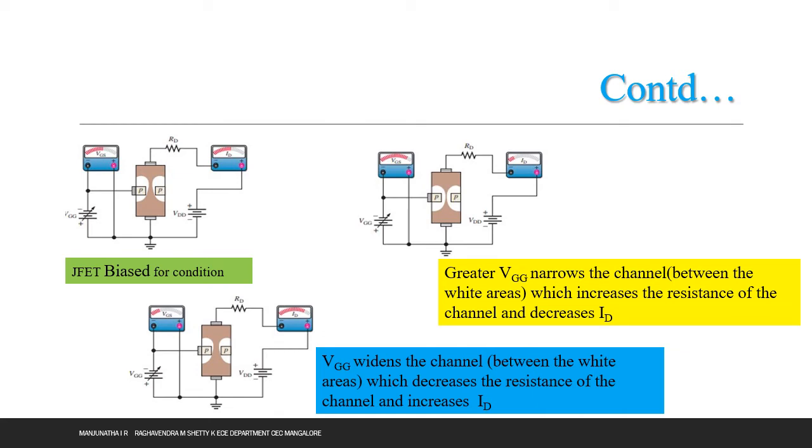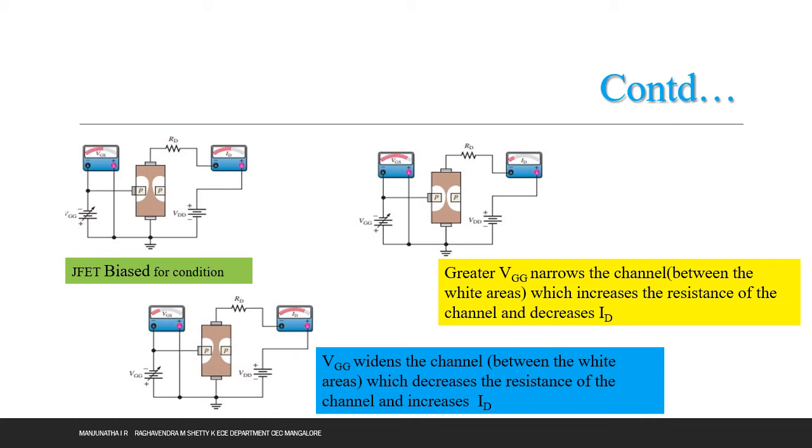Next, from the third figure, VGG widens the channel, which decreases the resistance of the channel and increases the height. So it is the reverse operation of figure 2. We'll try to notice the differences here.